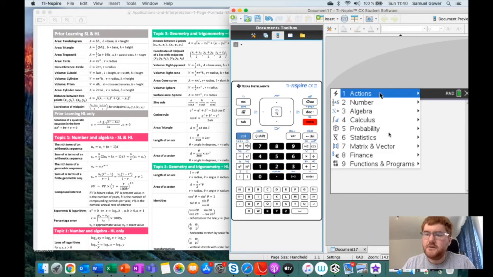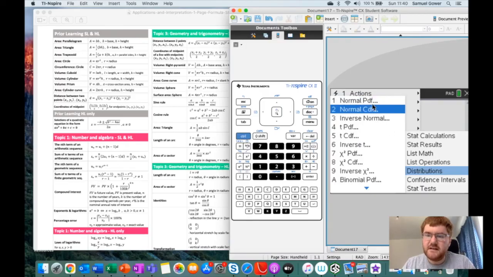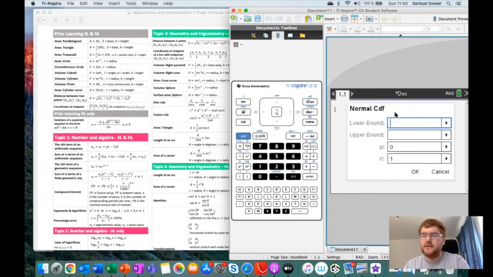So we go to menu, we can go to statistics, we go to distributions, we go then to normal CDF, and then we write in our lower and upper bound. So for this one, it was 0.7 and 0.8. We then have our mean, which was 0.828, and our unbiased standard deviation of 0.260.